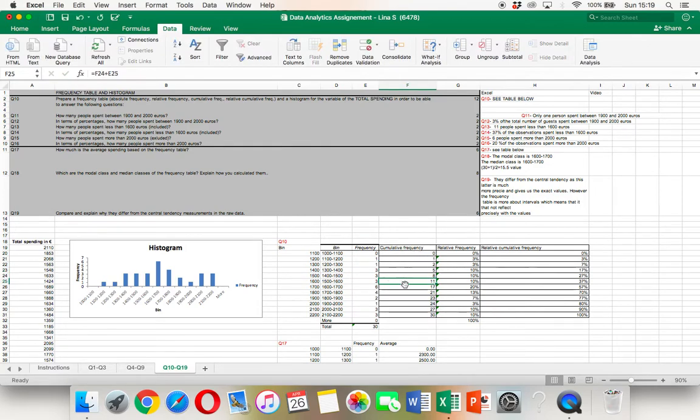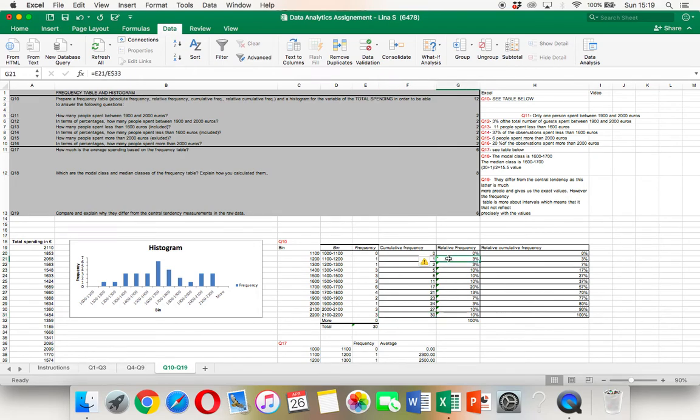This is just about cumulating the frequencies. So I had it here. To make sure that my calculation is correct, I have here the last number, which is 30, which is the total number of observations. So this is the cumulative frequency.